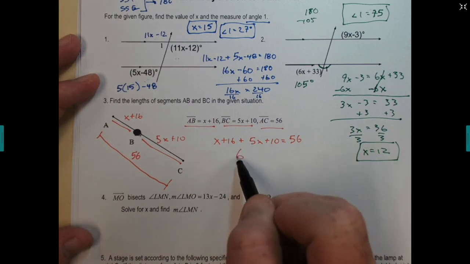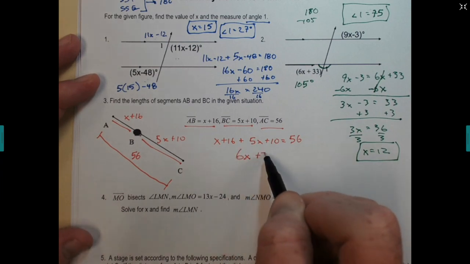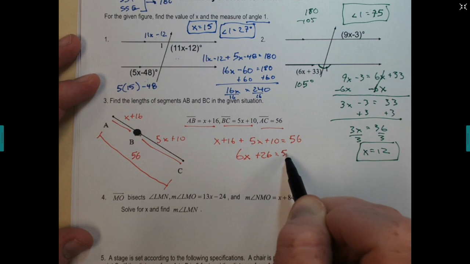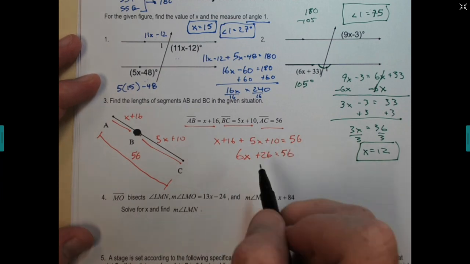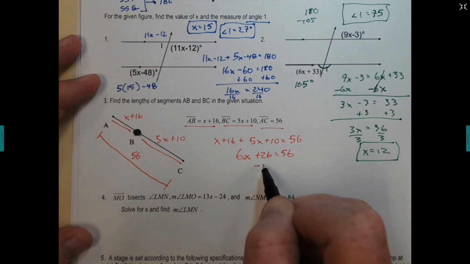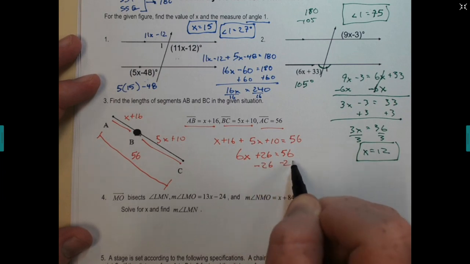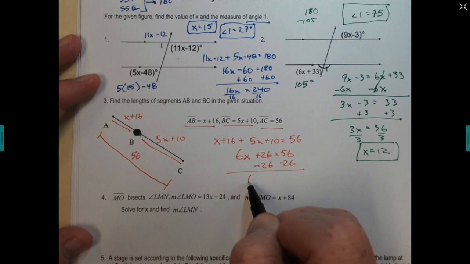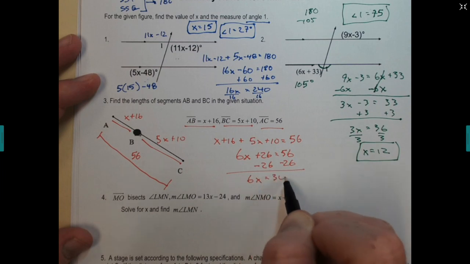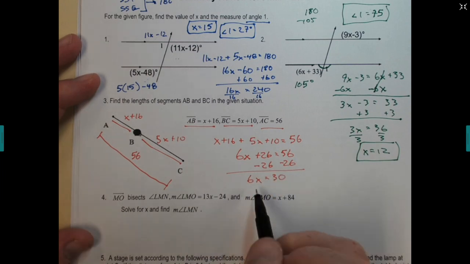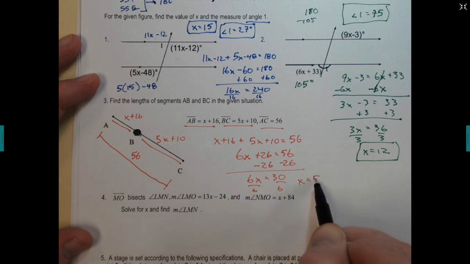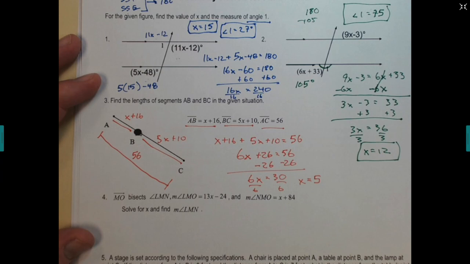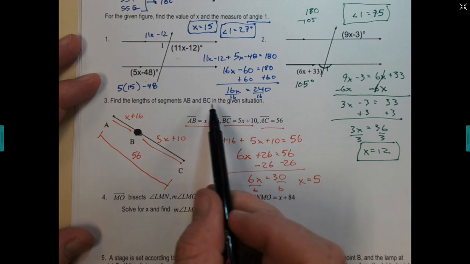Combine like terms and begin solving for x. Subtract 26 on both sides. That leaves me with 6x equals 30. Divide both sides by 6. x is 5. They didn't actually ask for x.